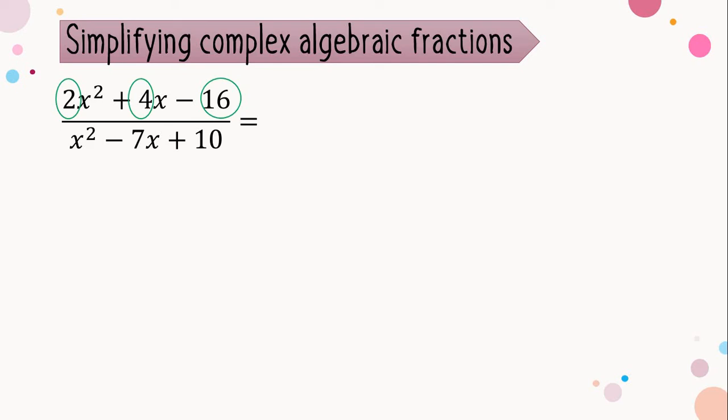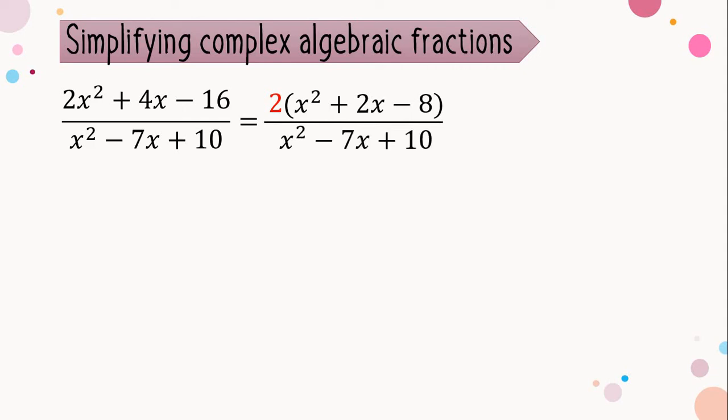All of the numbers are even, so we can simplify the factor. We will do the simple factorizing first. 2, 4, 16. The common factor is 2. So we will write 2, and then inside the bracket becomes x squared plus 2x minus 8. All of the terms we just divide by 2.